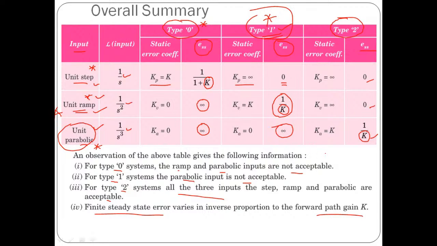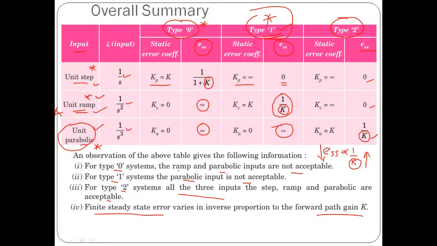So from this it is very clear that the value of steady state error is inversely proportional to the overall gain of the system. That means if you increase the value of gain, automatically steady state error goes on reducing. That is the reason in most control system design, we want to increase the value of this gain K as high as possible.